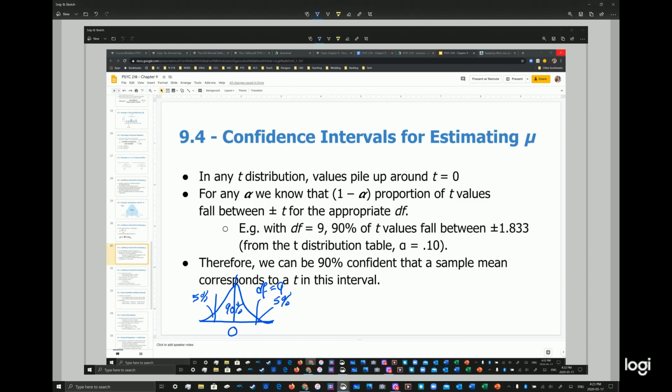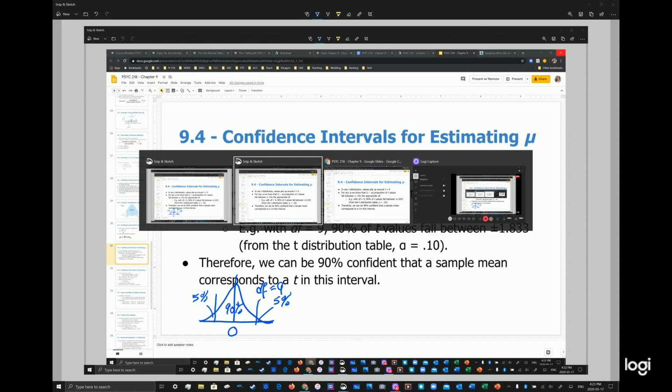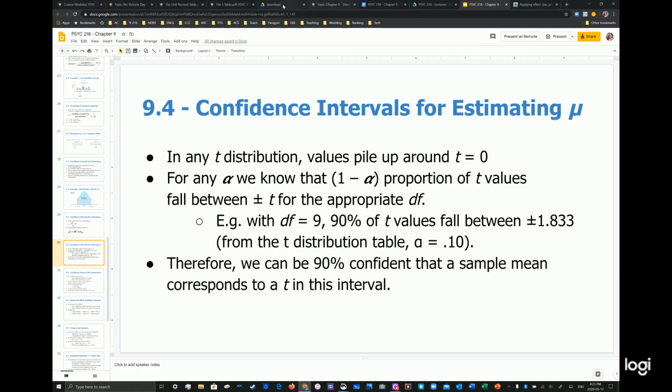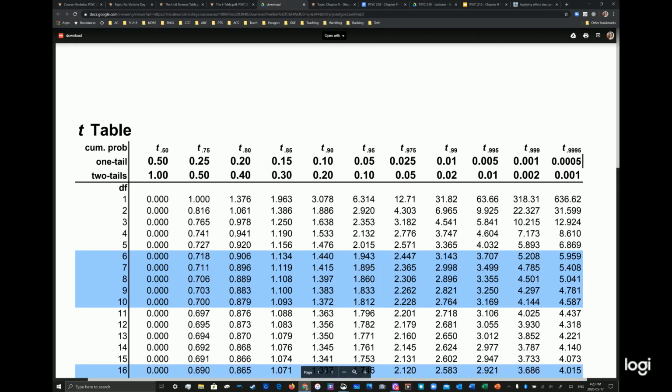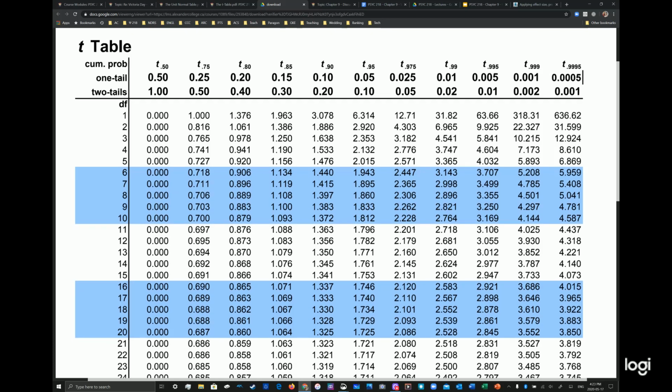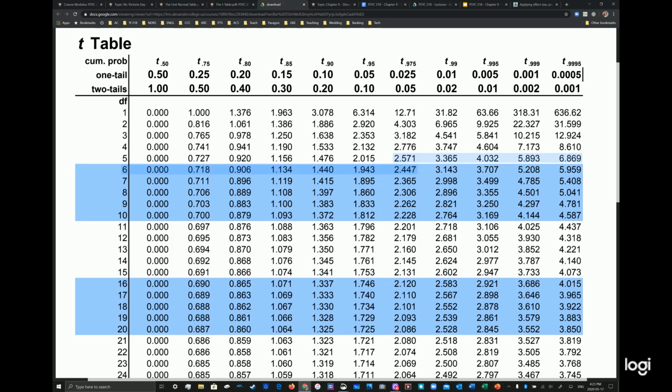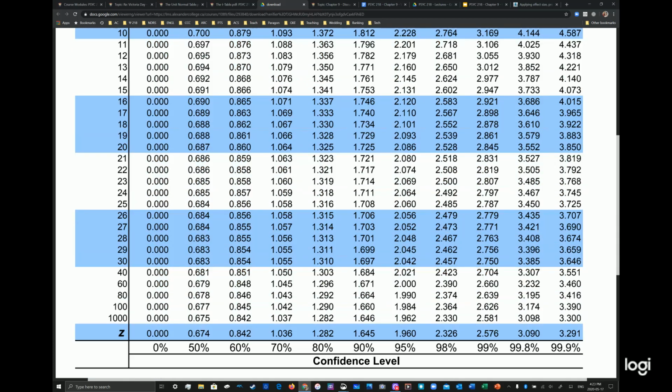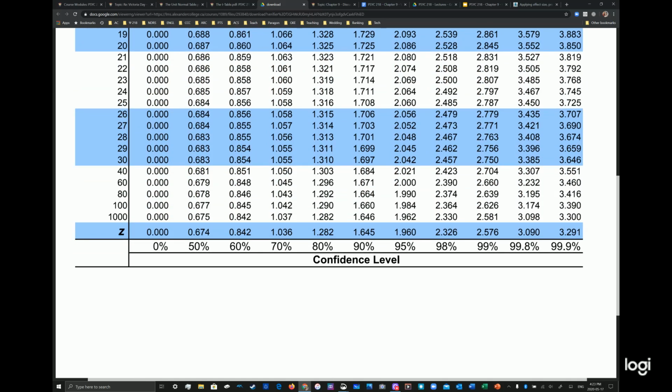So then you look for the appropriate critical values, and we can check for ourselves whether it really is plus or minus 1.833. We go to our table. Again, we can use two tails at 0.1, because we're looking for a 90% confidence interval. And if you scroll down to the bottom, you can read that it's 90%.